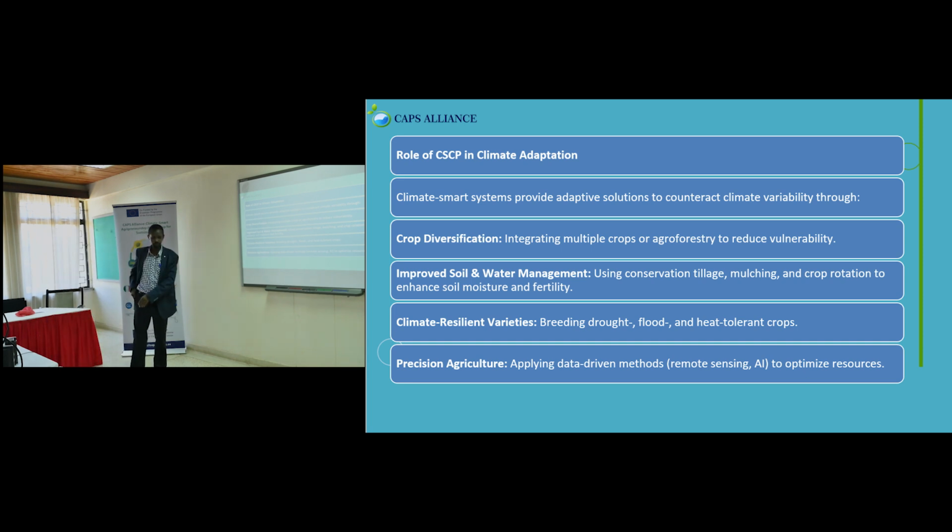Precision agriculture, where we are using AI. We said that yesterday, if you remember very well, we said that we are not going to go to the farm unless we are sure that it's actually going to rain. And how do we do that?